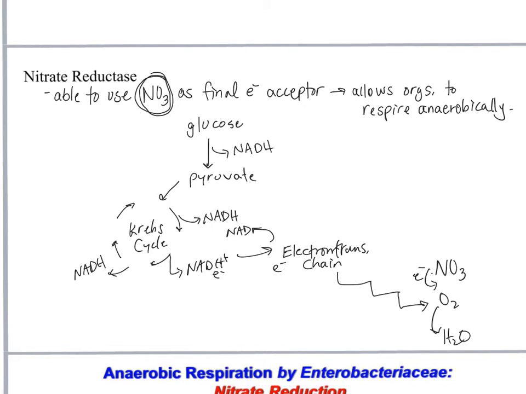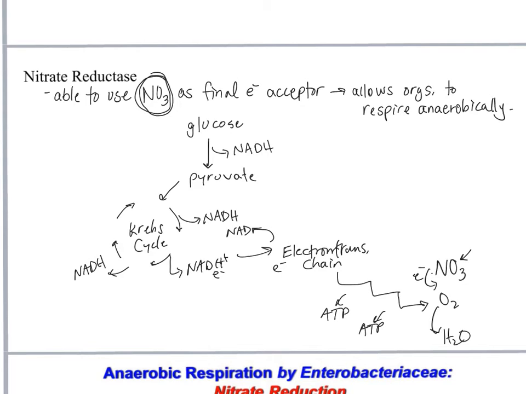Okay, and of course there's lots of ATP coming off here. Okay, so we get a little bit less ATP if you use something other than oxygen, some inorganic ion like nitrate or sulfate, but still a good amount of ATP most of the time, depending on what it is.